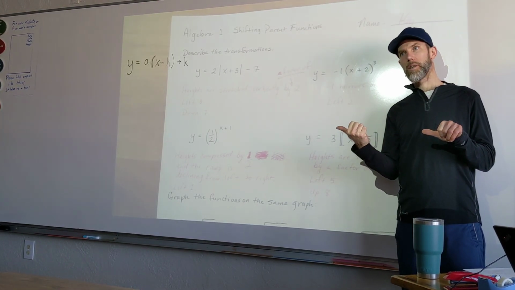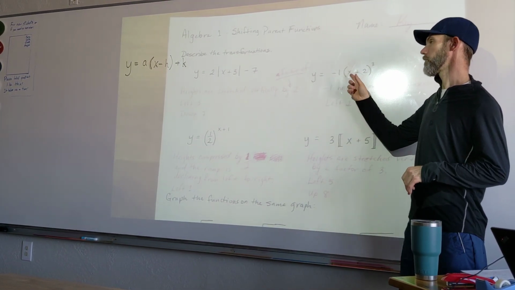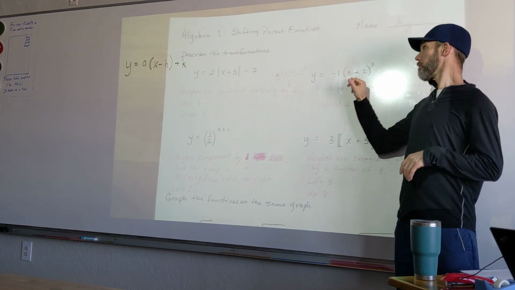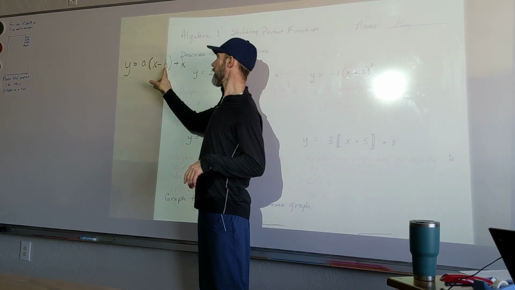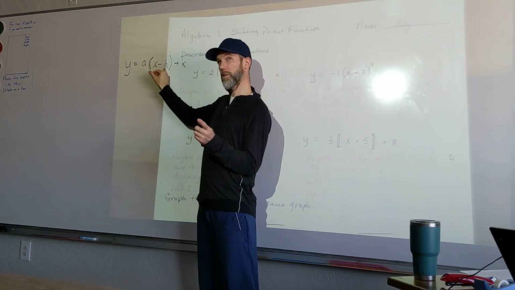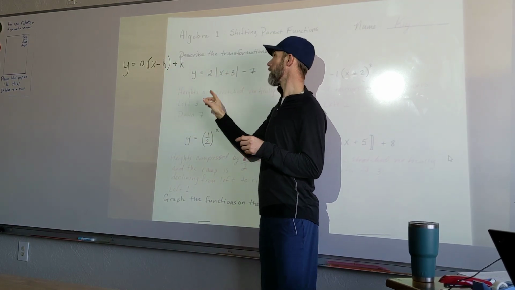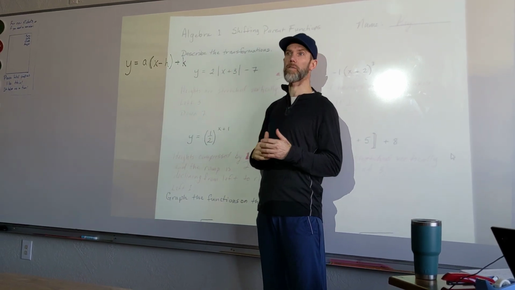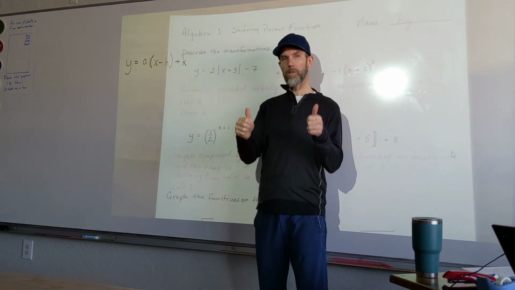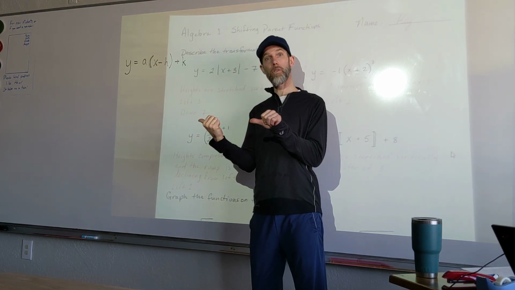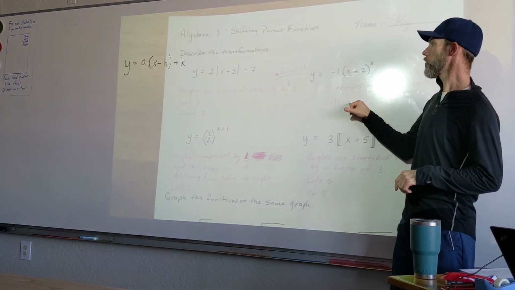Left 2. It's just the opposite of what you would think, because usually pluses go to the right. But because this is the formula, x minus h, if h is negative, then the two negatives make a positive. So when we have a plus 3 here, it's actually x minus a negative 3. The shift is negative 3. So it's opposite the way you think it goes: a plus 3 goes to the left, toward the negatives. This one goes left 2, toward the negatives.